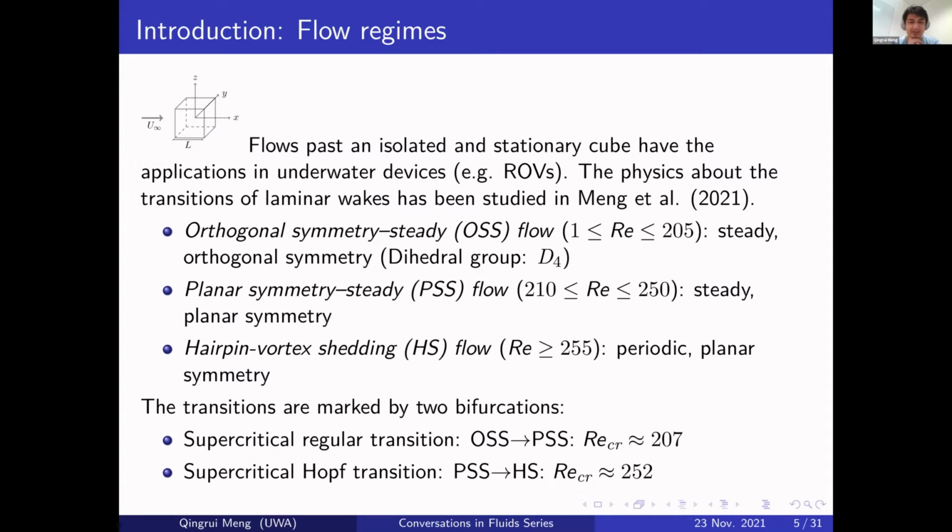A supercritical Hopf bifurcation occurs for Reynolds numbers above 255. Regular hairpin vortex shedding can be observed in the saturated flow in this regime, but the planar symmetry is retained, inherited from the PSS flow.